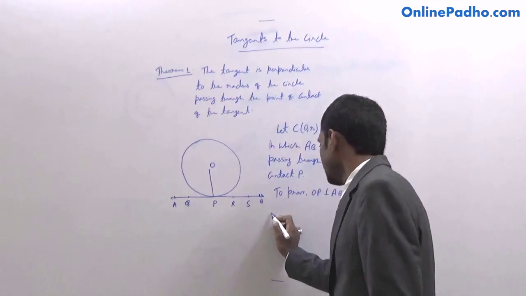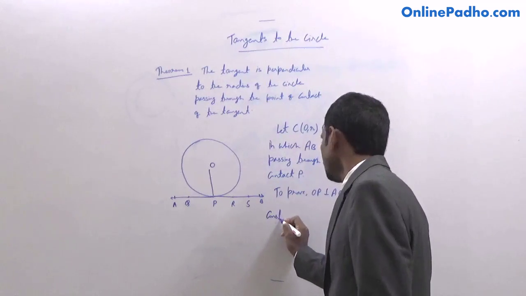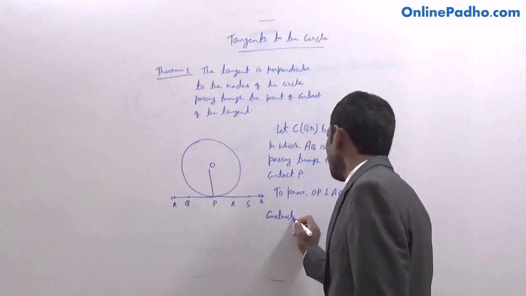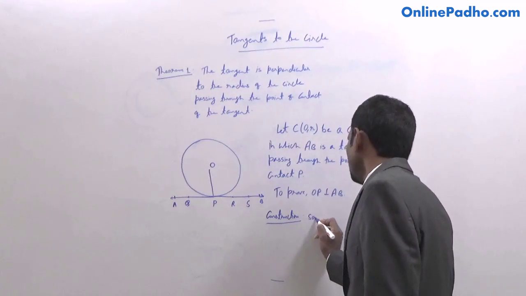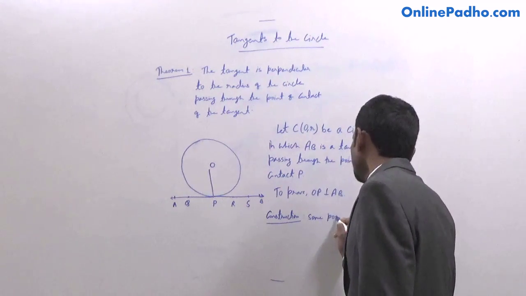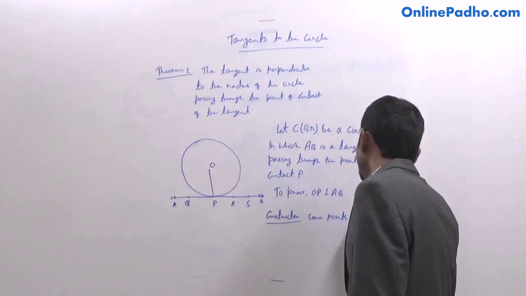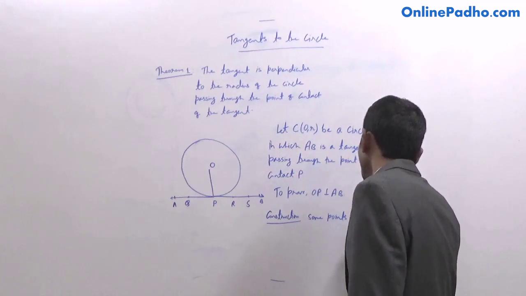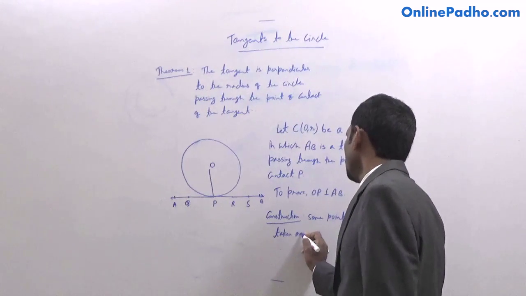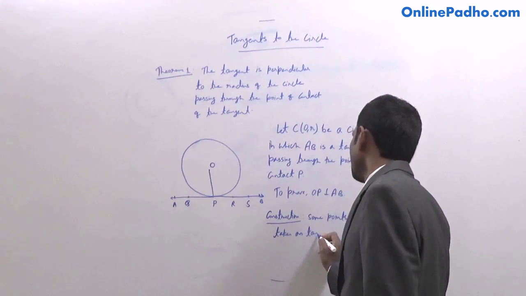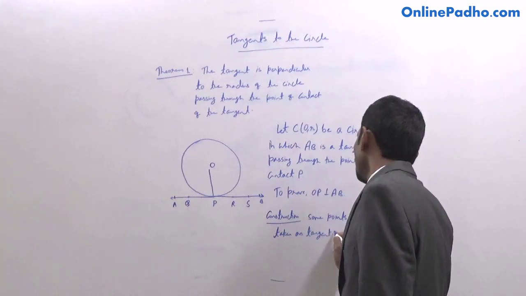So here in construction we can write: some points Q, R, S taken on tangent AB.